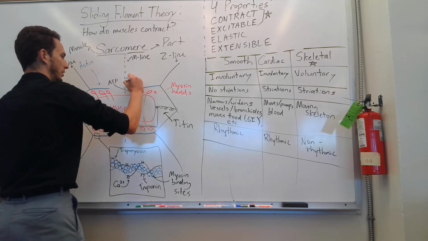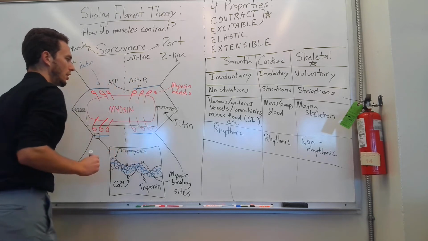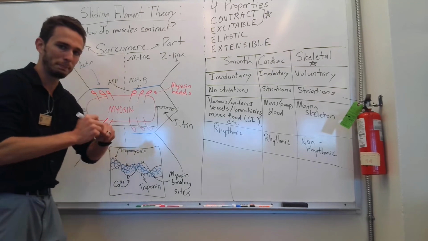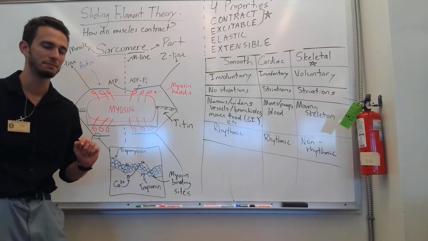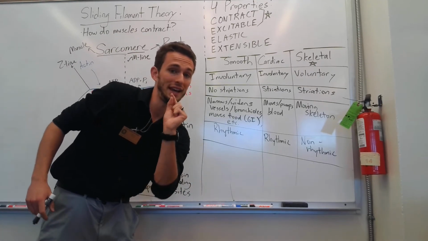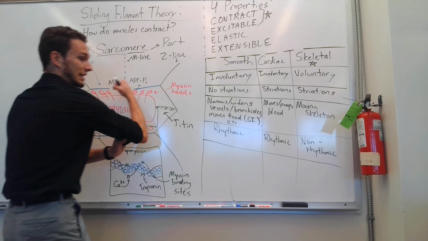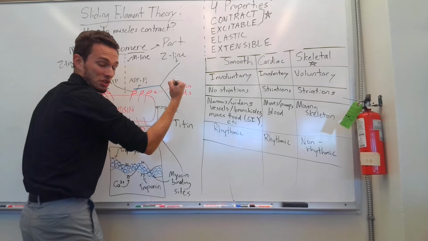So it'll get broken down into ADP plus a phosphate. So the ADP and phosphate will be bound to the myosin head, but remember, when we hydrolyze ATP, we release energy. So where's the energy going? The energy is used to basically cock the myosin head. So now it is ready to contract.